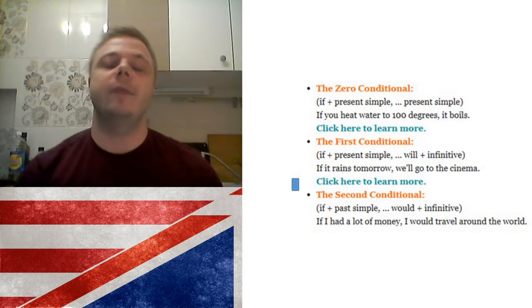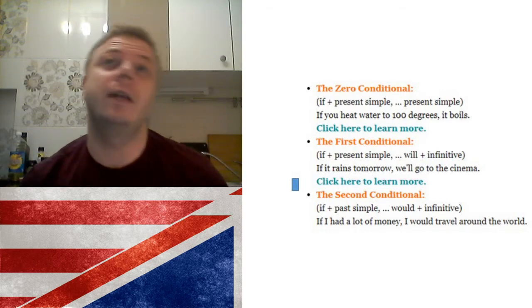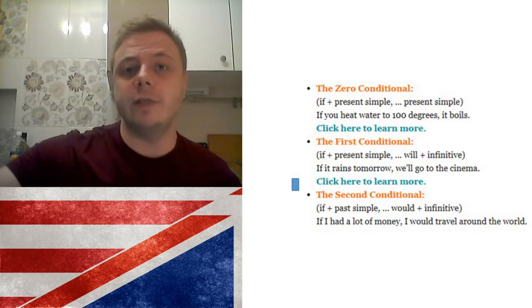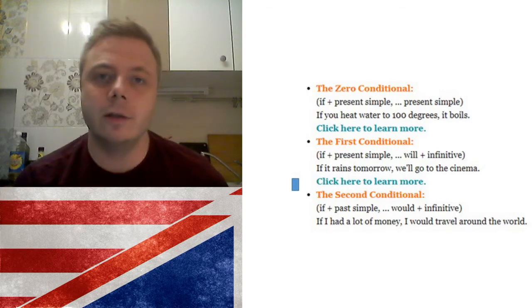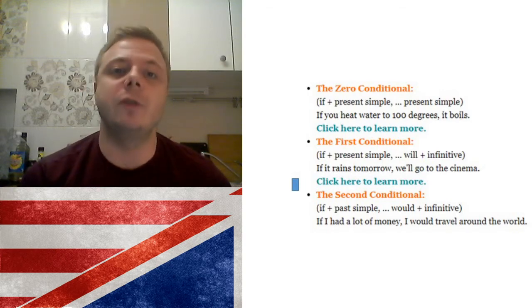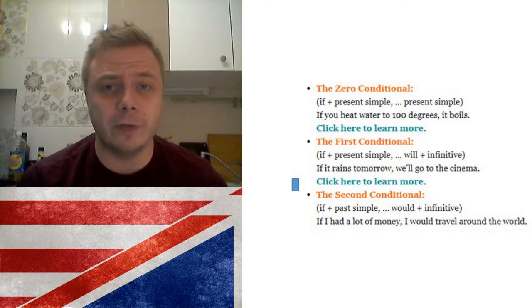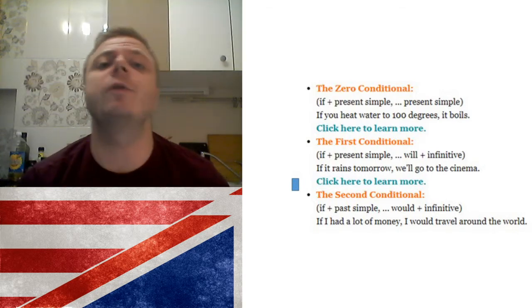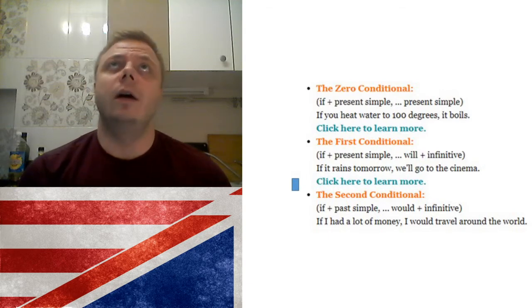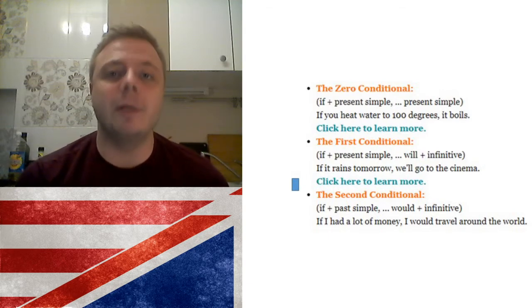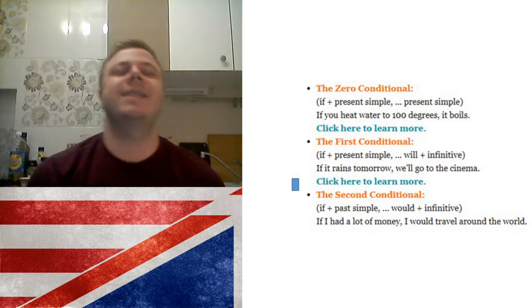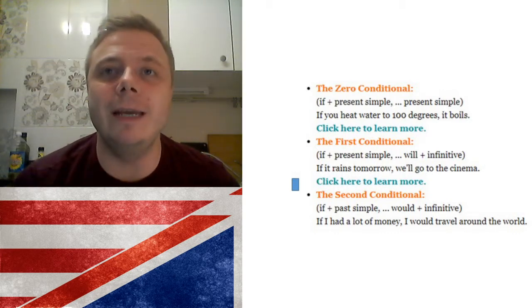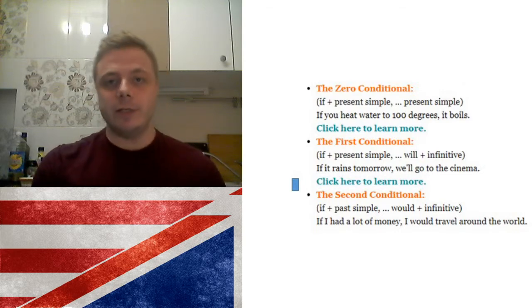So there are about 5 different conditionals in English. The first one we would call zero conditional. We use zero conditional when we talk about facts or routines, things we do every day. The first conditional is used when we talk about possible and probable situations. The second conditional is used for improbable, impossible, or imaginary situations.